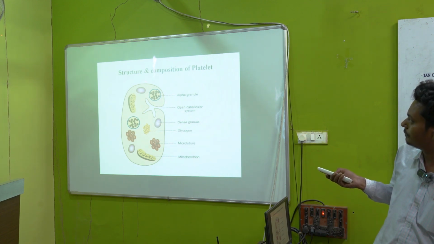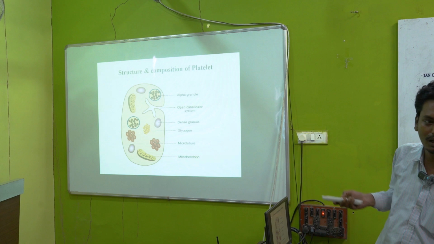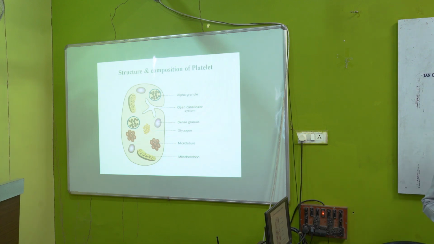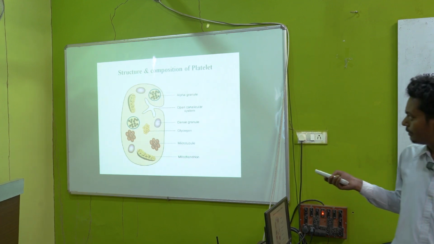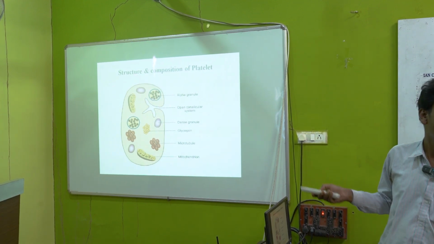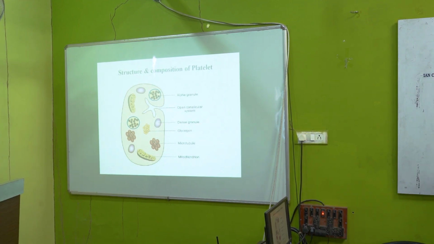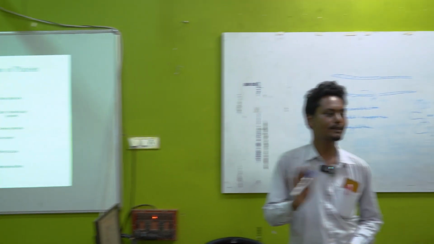So the composition of the cell membrane of the platelet is the same as a cell membrane, but we can call the membrane which surrounds the platelet the surface membrane, because platelet is not completely a cell.